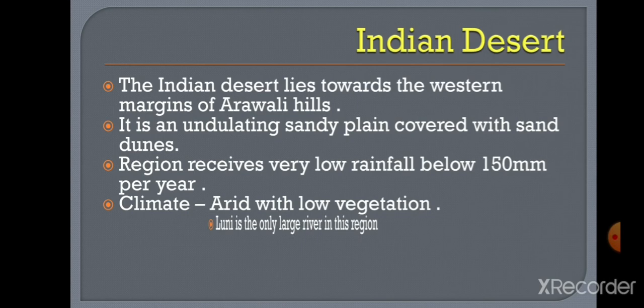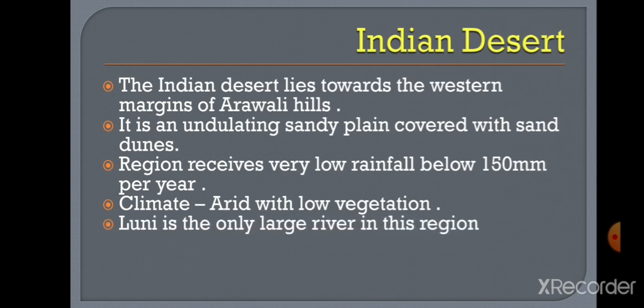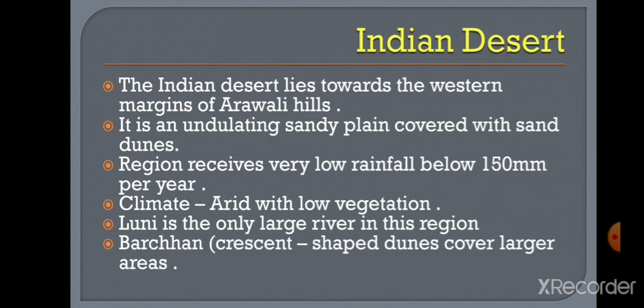Now if we talk about rivers, the only prominent river here is known as Luni. So Luni is a river that exists in the Indian desert. Okay, now our last point, Barchan. What is Barchan? Barchan is a crescent-shaped dune, and such dunes cover larger areas.